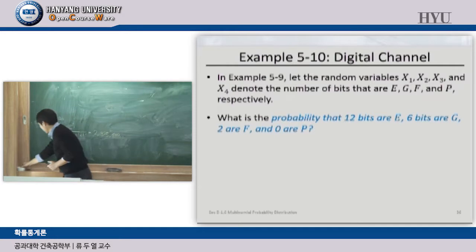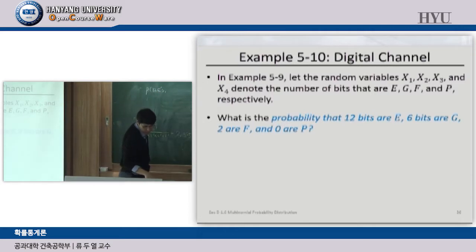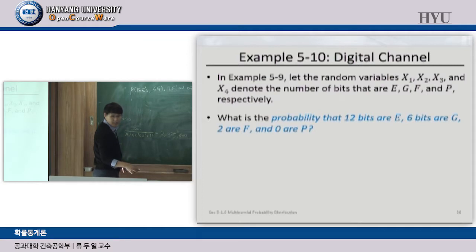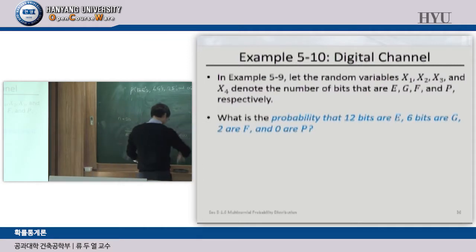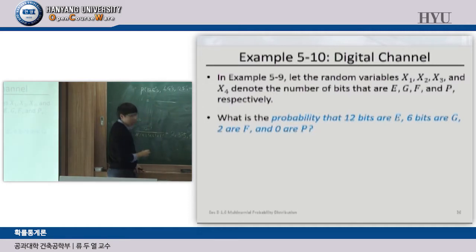Now this is very simple, right? The probability of 12 excellent, 6 good, 2 fair, and 0 poor. The total number is 20, right?